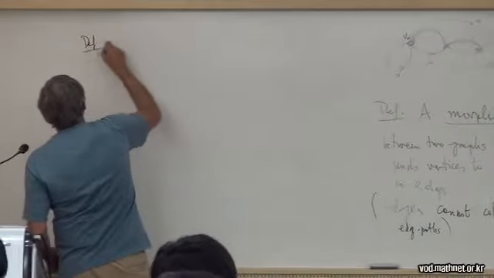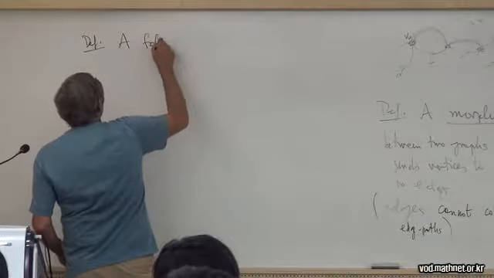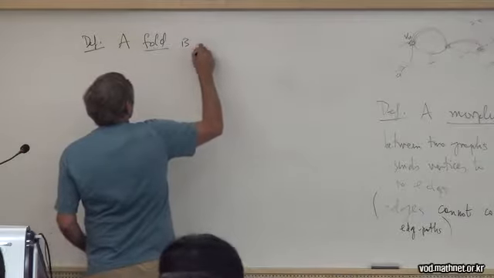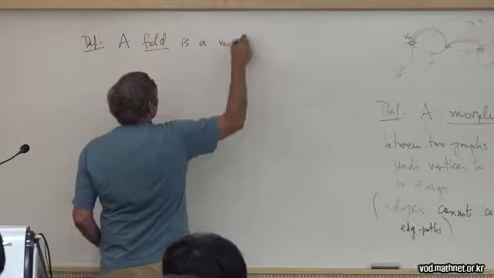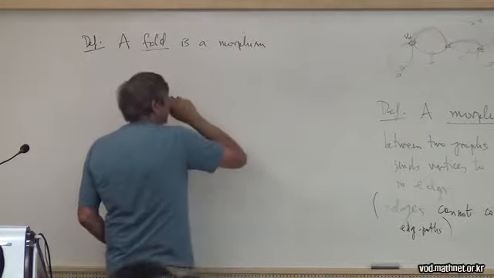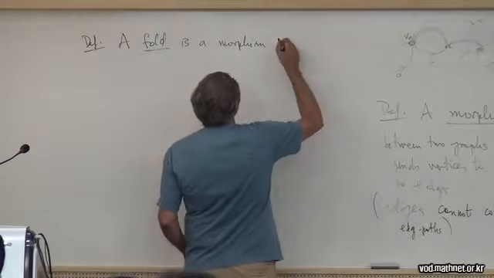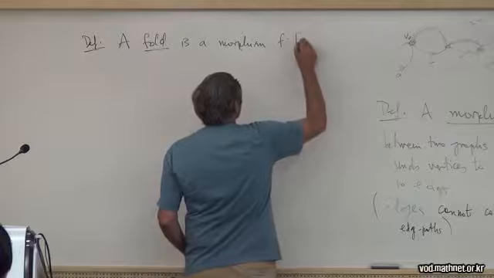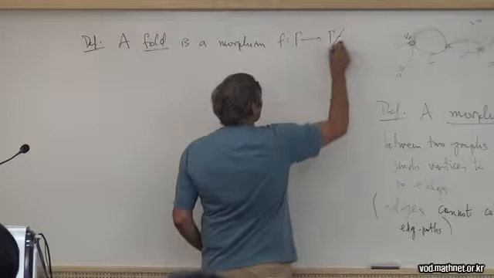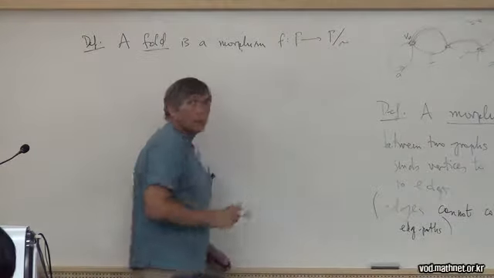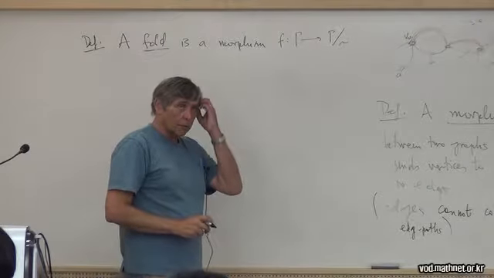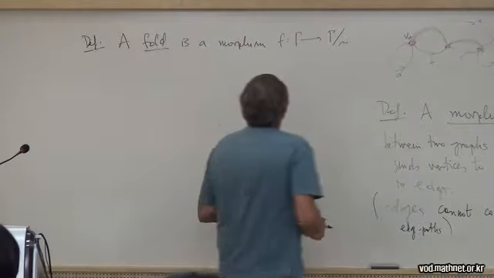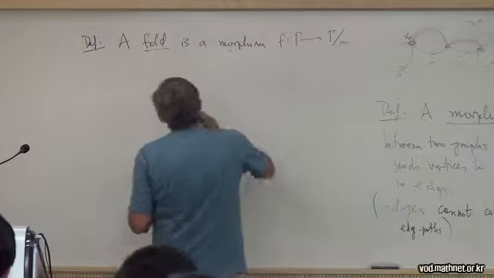So a fold is a morphism F from gamma to, so this is going to be a certain quotient graph of gamma. Okay, so the target is always a quotient graph of gamma obtained as follows.